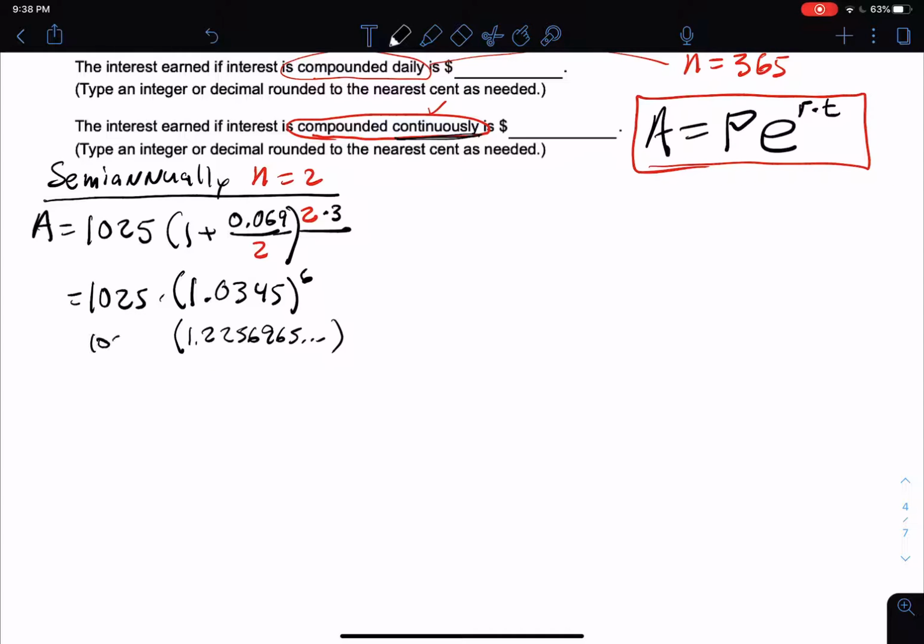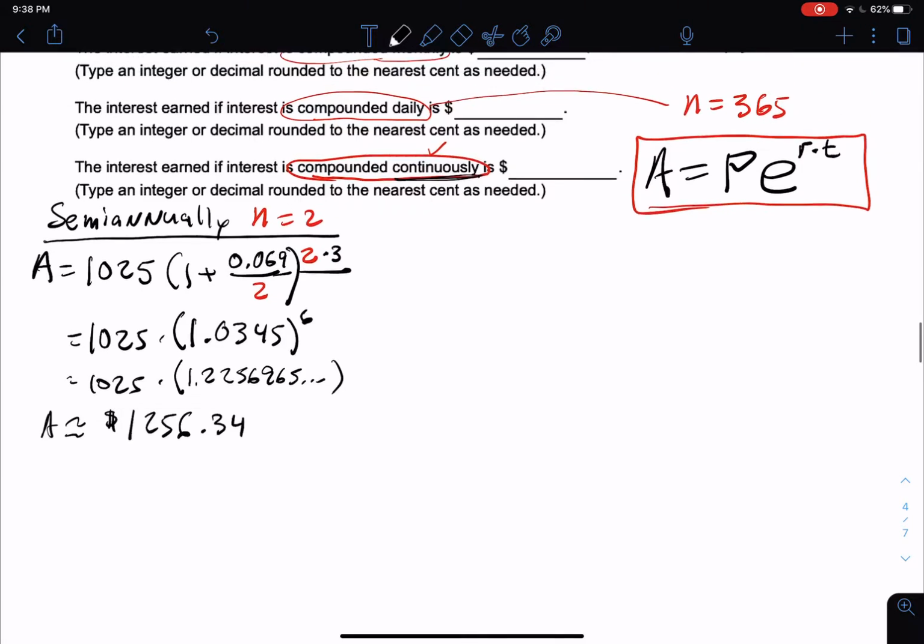So anyhow, when we multiply that, we can get the approximate value, round it to the nearest penny, and that gives us $1,256.34.